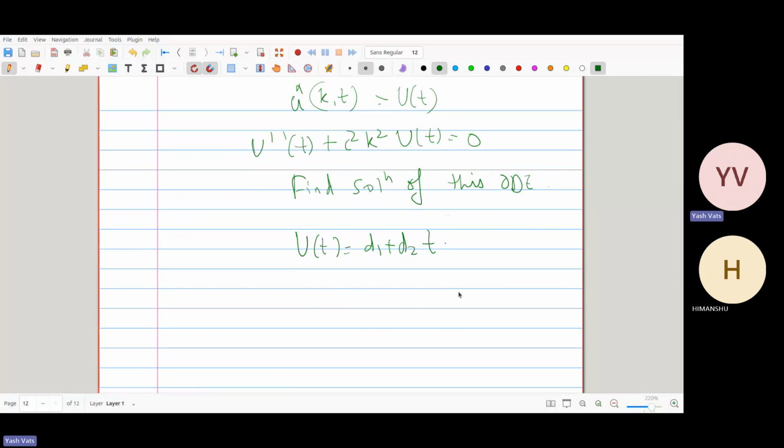It depends on which type of solution you have. You can just substitute what is capital U(t), that is u hat (k,t), and you invert it.